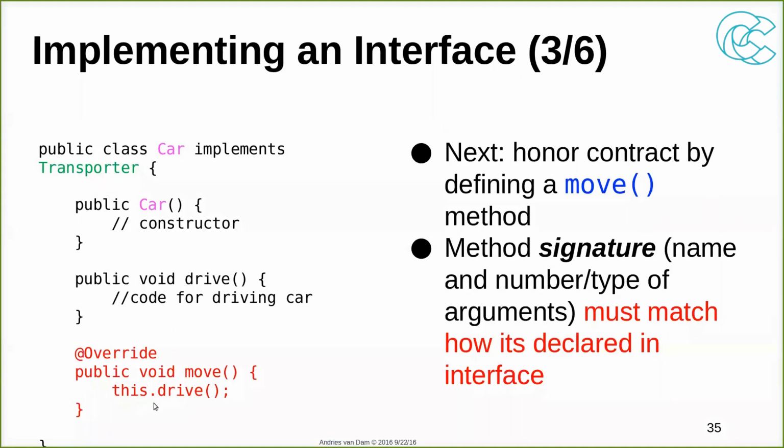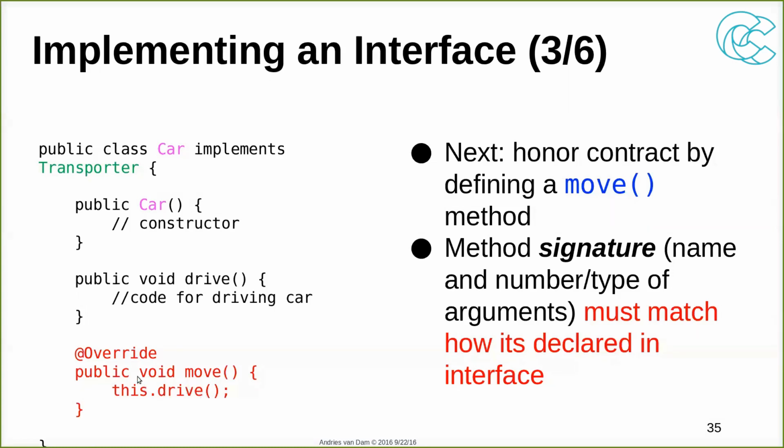So you need to provide the definition for the move, right? In the case of the car, we are simply redirecting that to a different method. We are using drive here. So it will call the drive, and drive contains all the code to make the car move. So you need to use this implements keyword and provide the definition of all the methods in the interface.